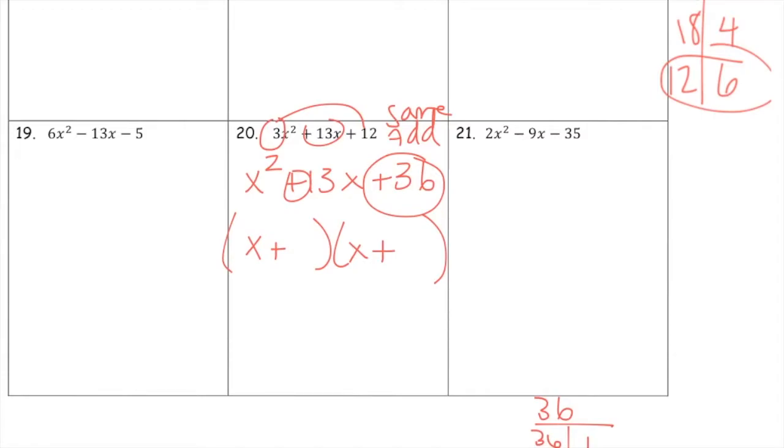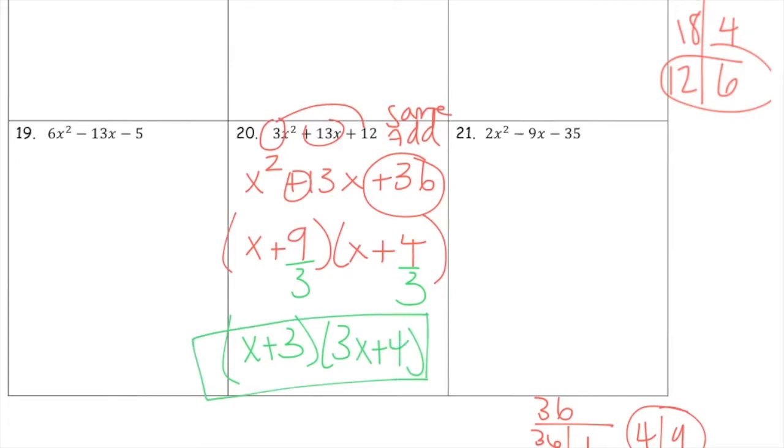The next one, 4 and 9. Yes, that works because 9 plus 4 is 13. Last step, we're going to take that leading coefficient and divide it out. All right. So we have x plus 3 and 3x plus 4.